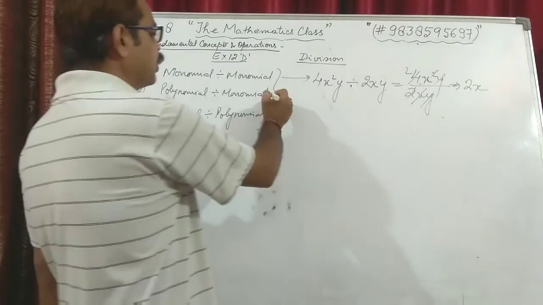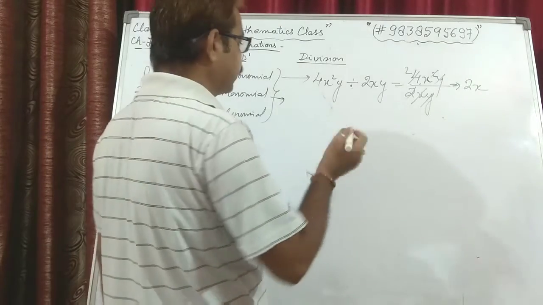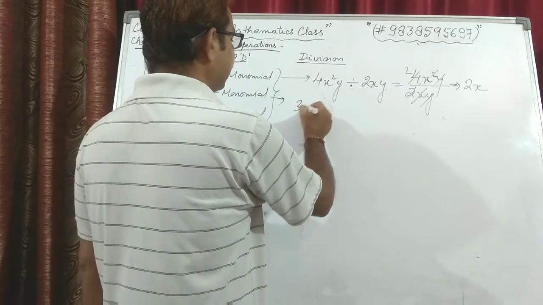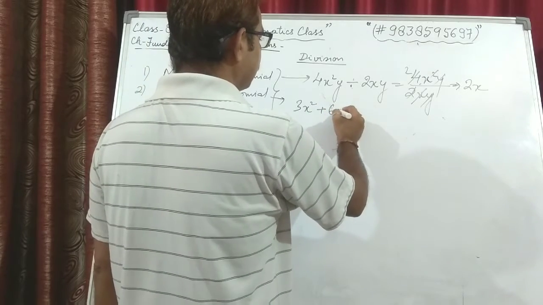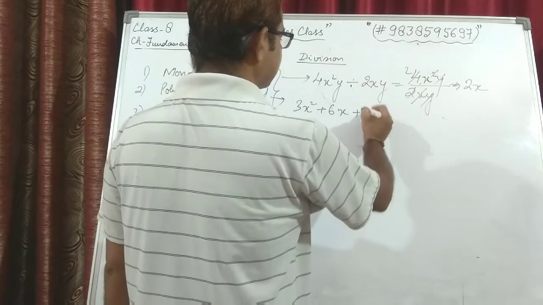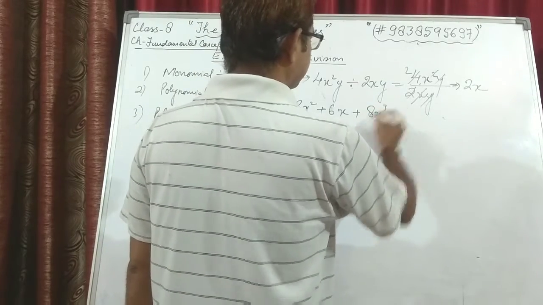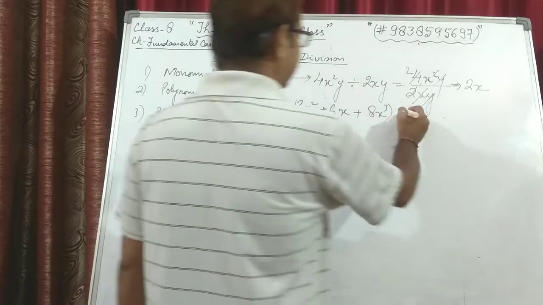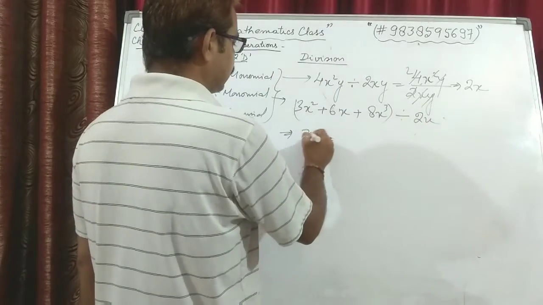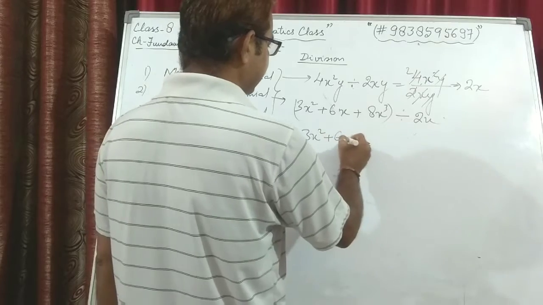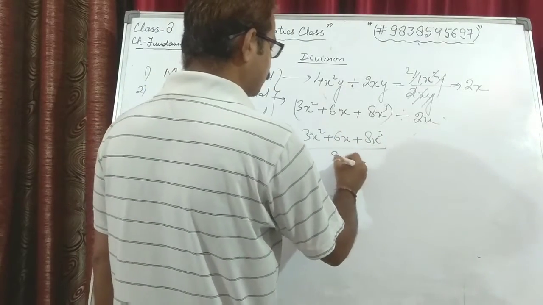Let us say a polynomial is divided by a monomial. A polynomial can have 2, 3 or more terms. Let's say 3x square plus 6x plus 8x cube, and this total is divided by 2x. So we write 3x square plus 6x plus 8x cube total upon 2x.